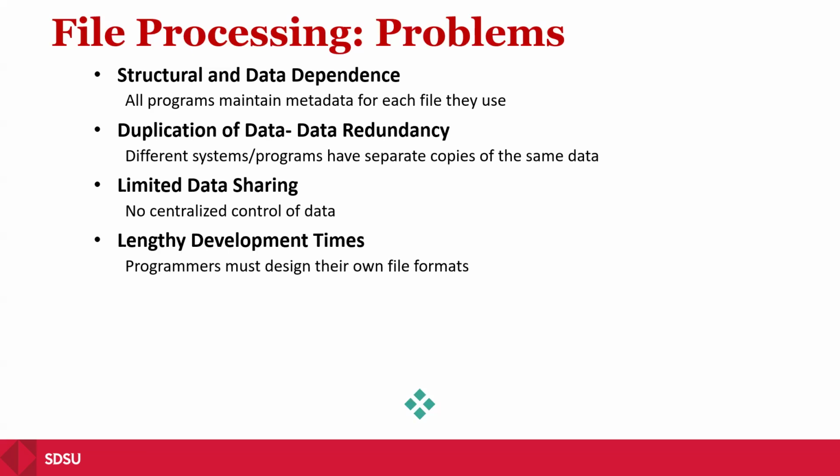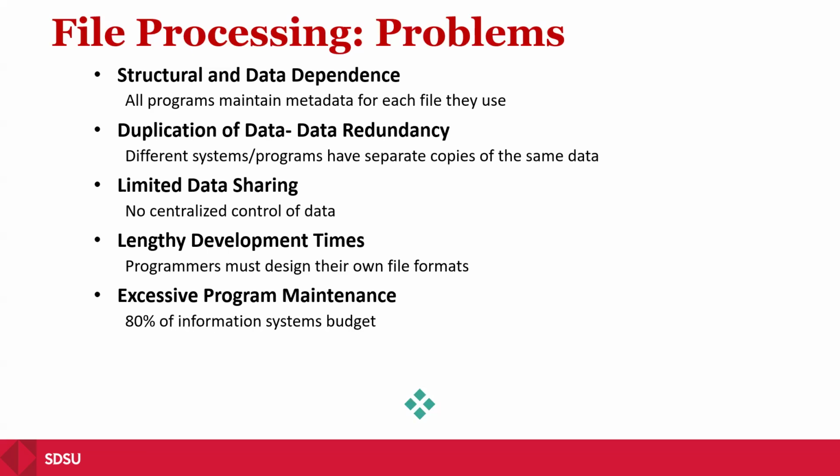Also, there is long development and processing time for file systems, because each programmer must develop a specific program and specific format for a specific file. And again, when the file structure changes, those programs all need to be rewritten.